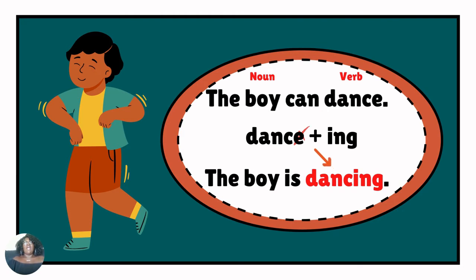Notice the arrow and the red word. Also notice with the word dance, there is a red X on the E. To make the word dancing, you have to take away the E and add ing. The boy is dancing. Dancing is an action verb showing physical movement.